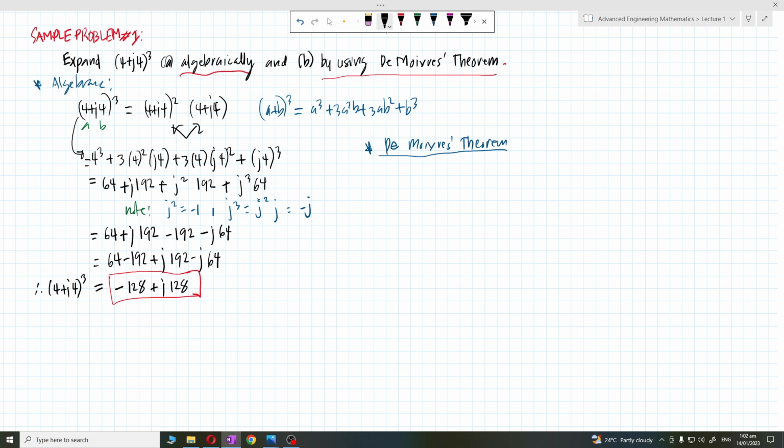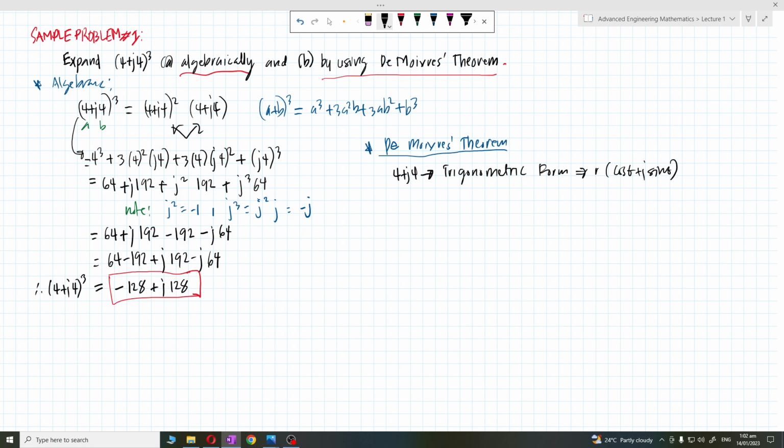So let's say converting 4 plus j4 into trigonometric form, or in the form r times cosine theta plus j sine theta.